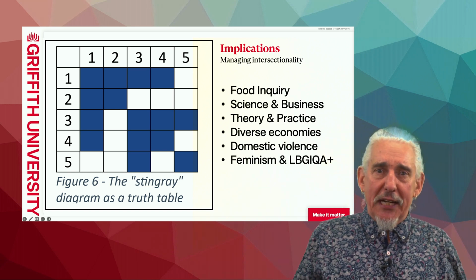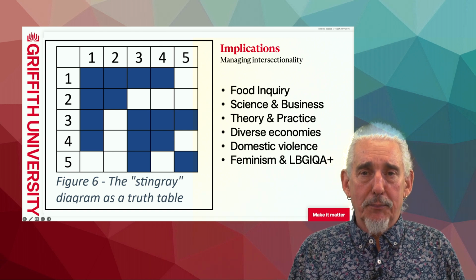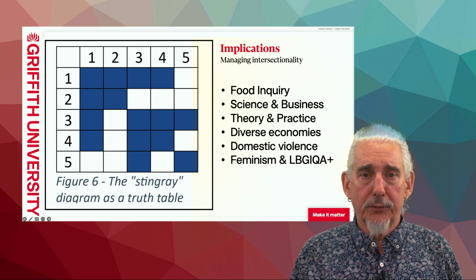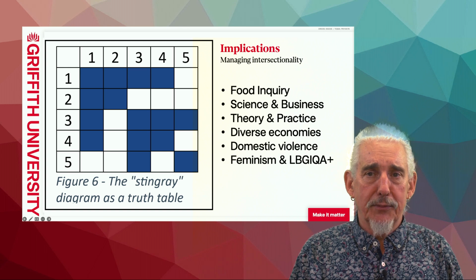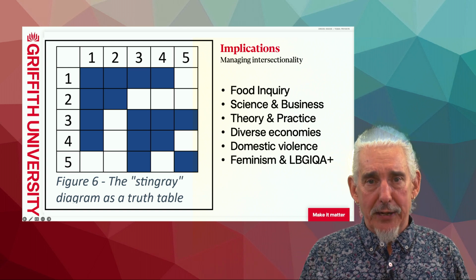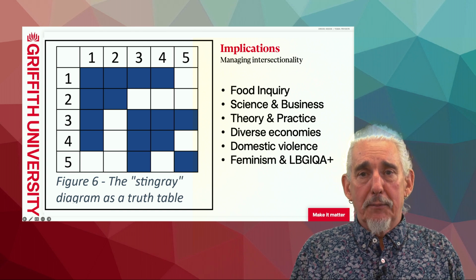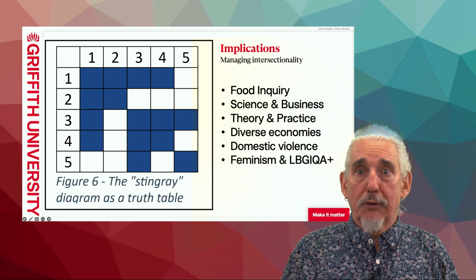So, to check all of this, we applied it to a food inquiry. The Australian Parliament Standing Committee on Agriculture held an inquiry into food security. There were 180 submissions to that inquiry. We ran those submissions through this process, analysed them, and identified that the large stingray was let's grow more food.